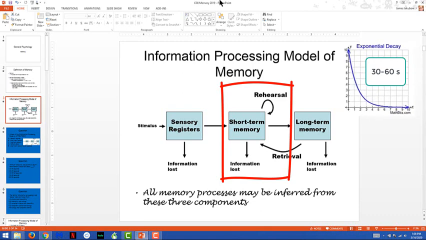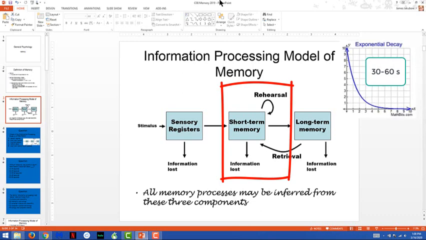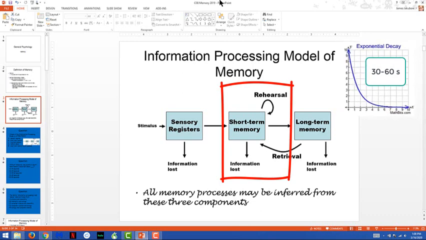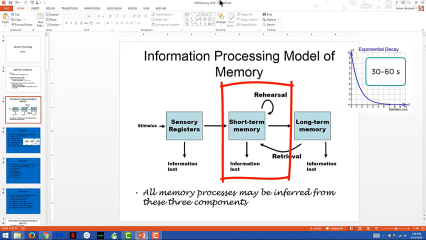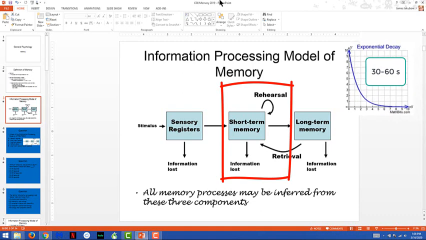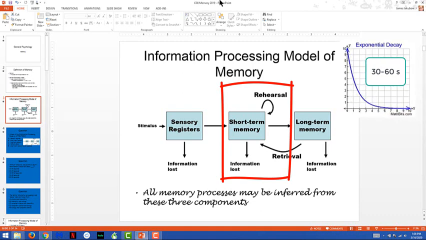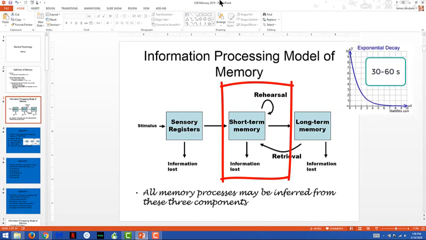If you hear a phone number and don't write it down, there's a good chance after about 20 seconds at least one of those numbers will be gone from short-term memory, in which case the phone number is not really very good any longer. Even if you remember the remaining 6, you would have an incomplete phone number. And probably in 20 seconds or more, most of that phone number is actually going to be lost.